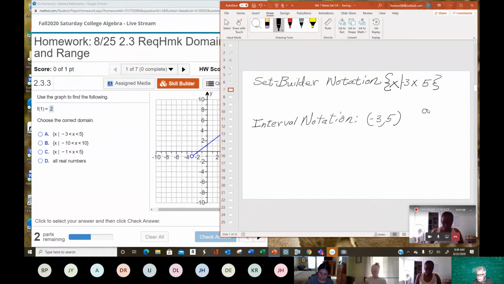And when you've got open circles like this, you're going to use what are called strict inequalities. Let me write this better.